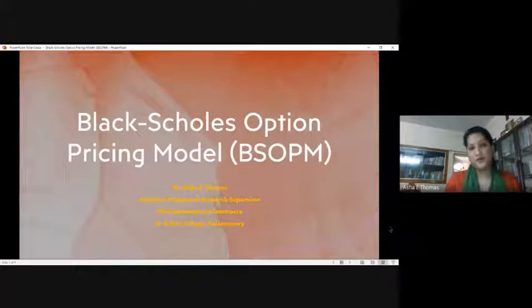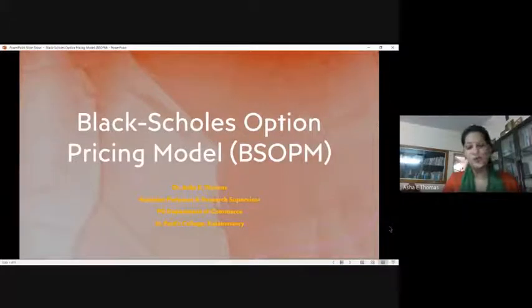So in the Black-Scholes model, we will be looking at computing the theoretical price of an option as an instrument. It includes both put option as well as call option. So that's a basic idea behind going with the Black-Scholes option pricing model.